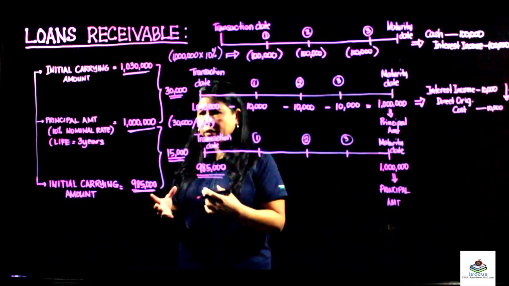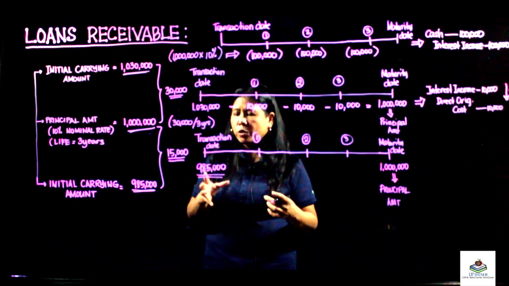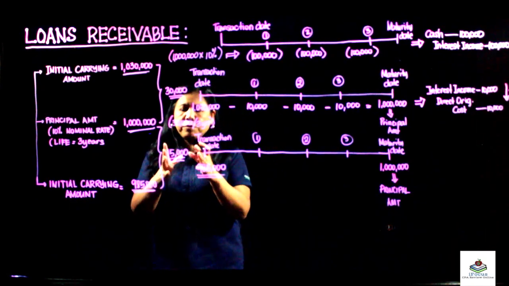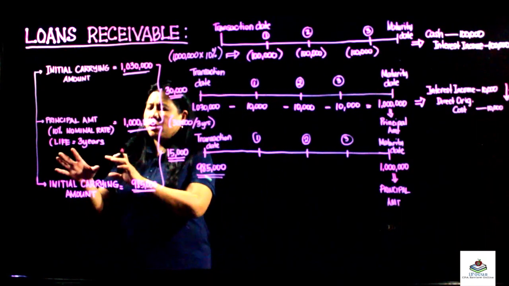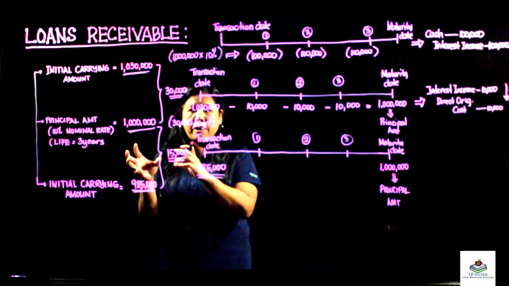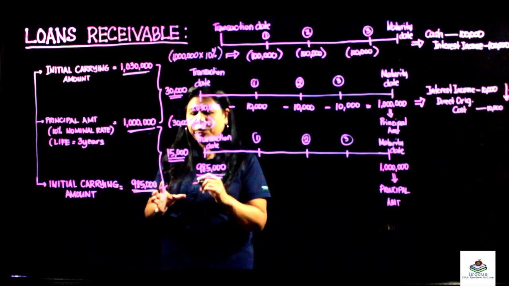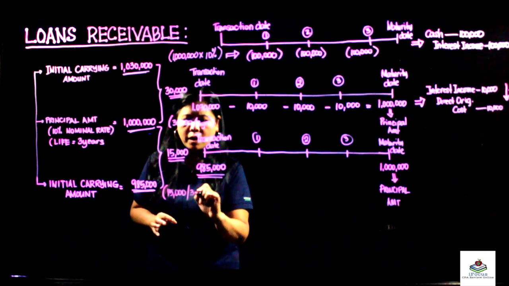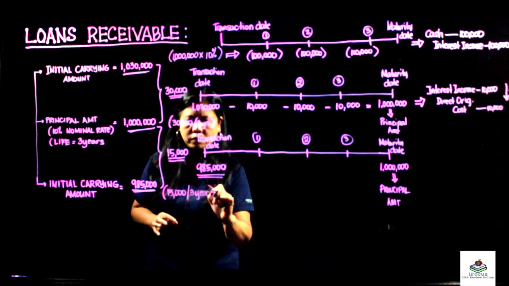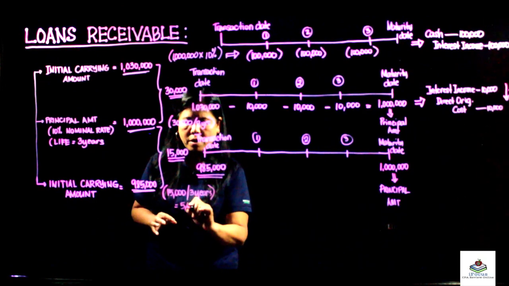Using the straight line method of amortization, our 15,000 will be divided into the 3 years life of the loans receivable. So our computation will be 15,000 divided by 3 years, and we have 5,000.